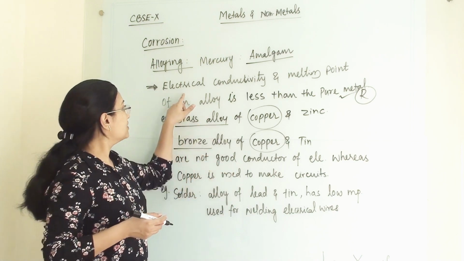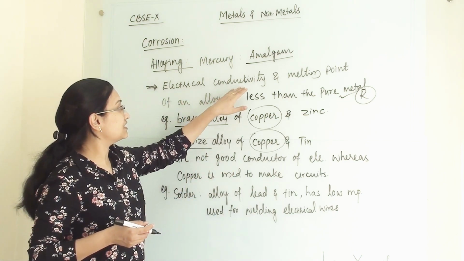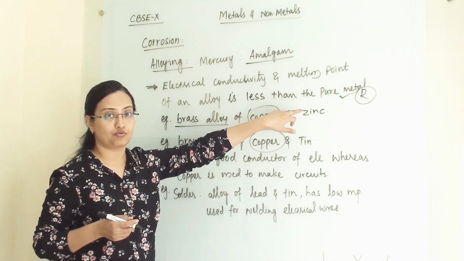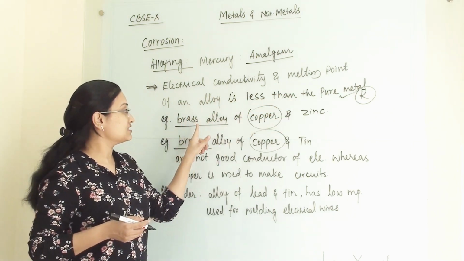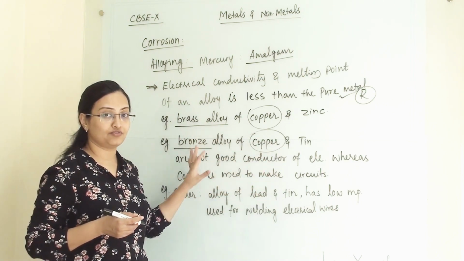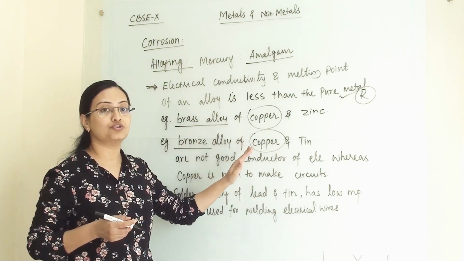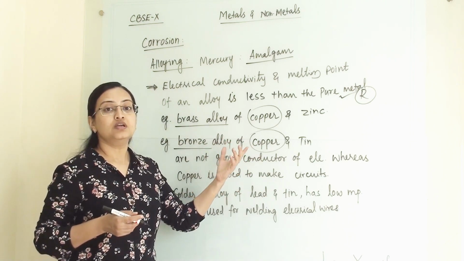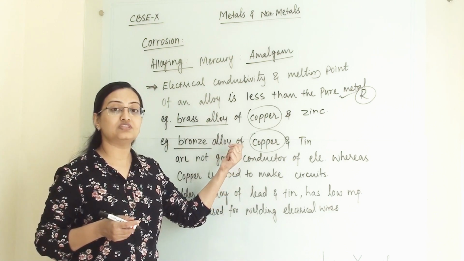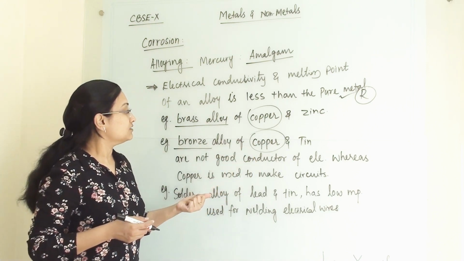Why? So we can say that electrical conductivity and melting point of an alloy is less than the pure metal. And brass is not a good conductor, bronze is not a good conductor of electricity, and that's why we are not using them for electrical circuits or soldering or whatever use they have mentioned.